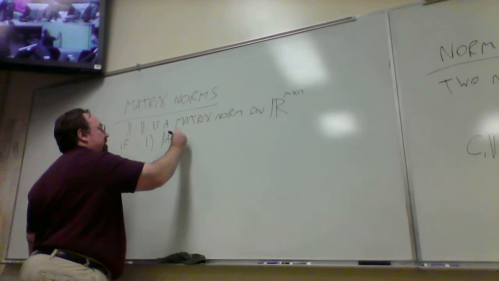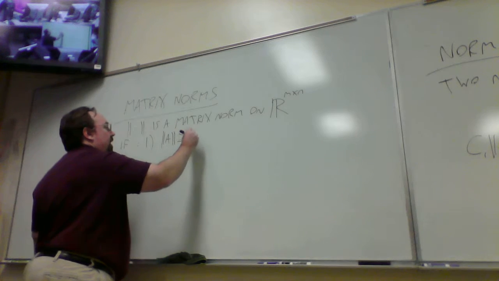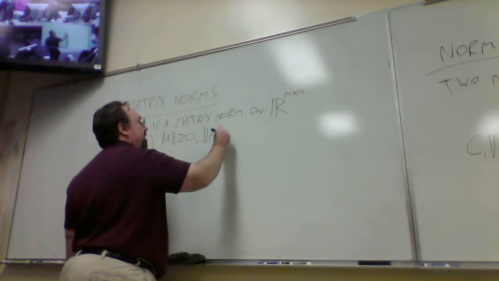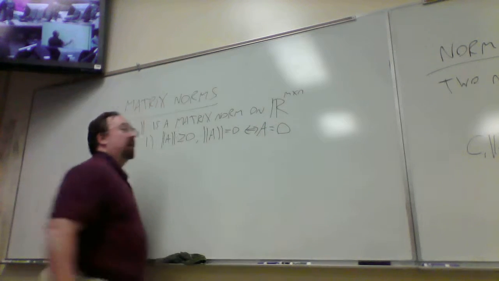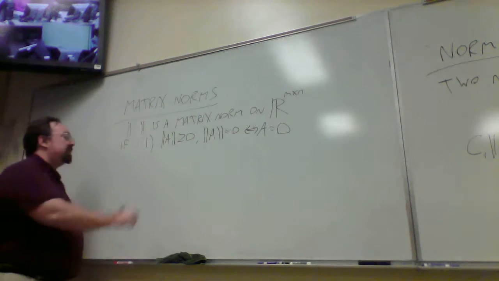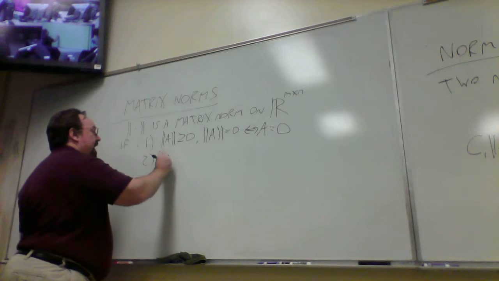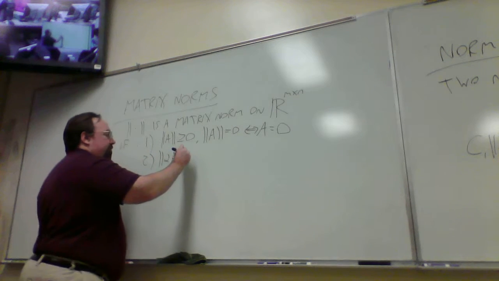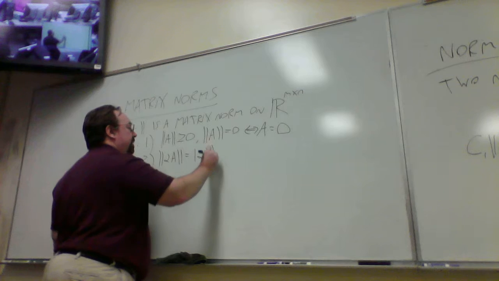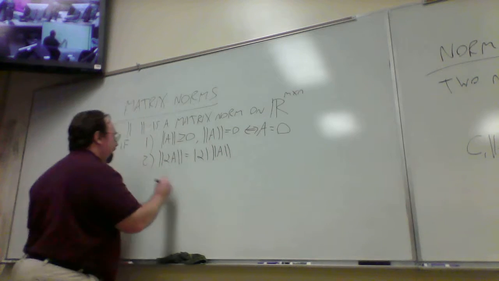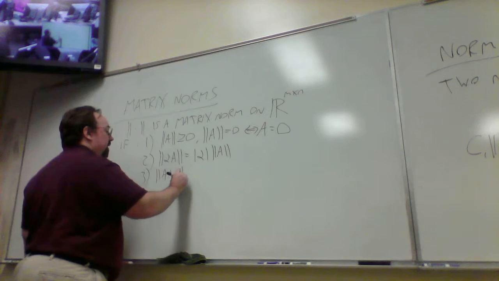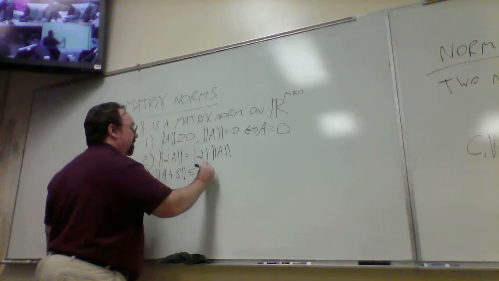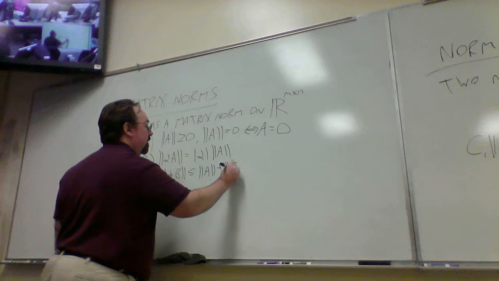The norm of a matrix is non-negative, and it equals 0 if and only if A is the 0 matrix. If you scale a matrix by a constant, then the norm is scaled by the absolute value of that constant. And then we have the triangle inequality: the norm of the sum is less than or equal to the sum of the norms.